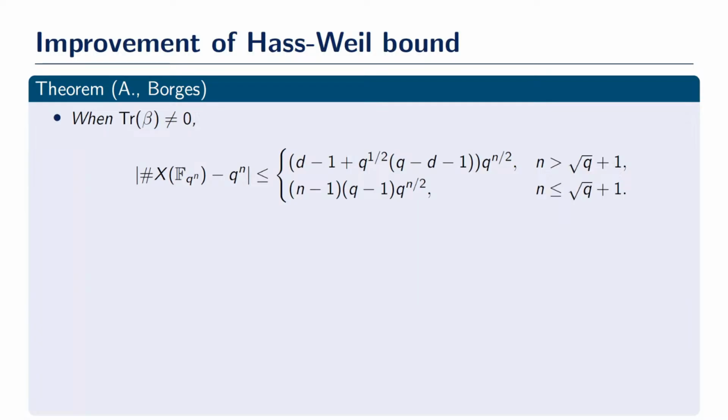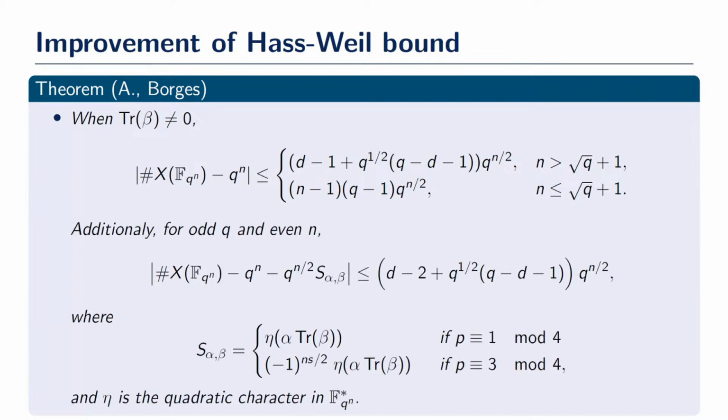And as in the situation when the trace is 0, we can also do something better when q is odd and n is even. We do have this better bound for the number of rational points on X. Okay? But now we get this term which depends on alpha and beta.